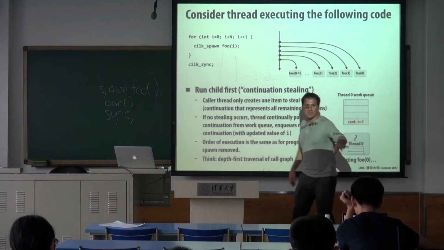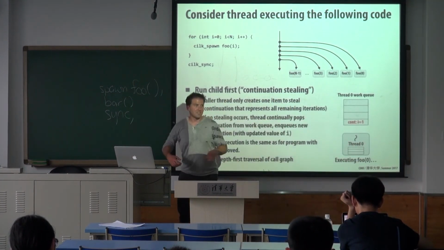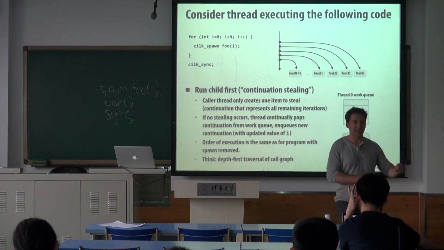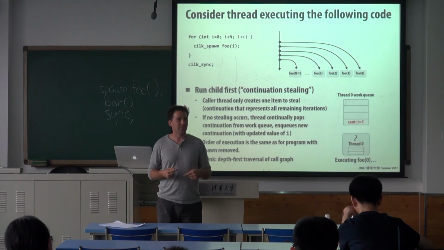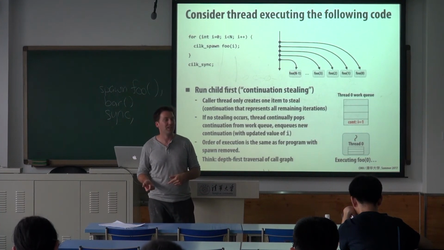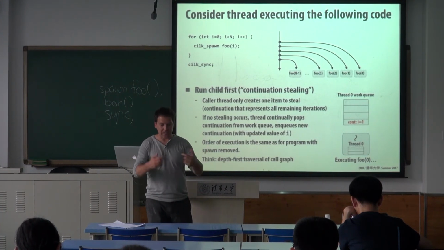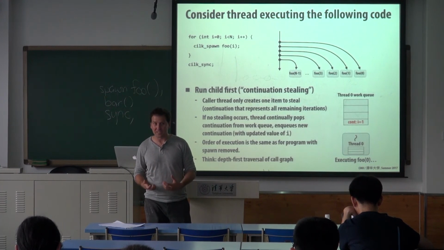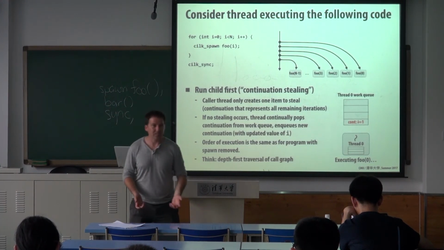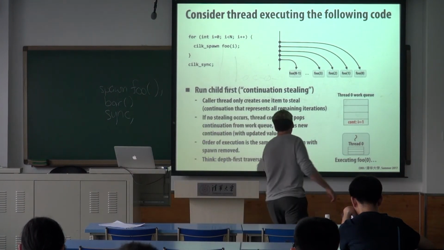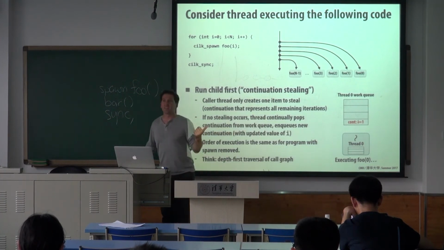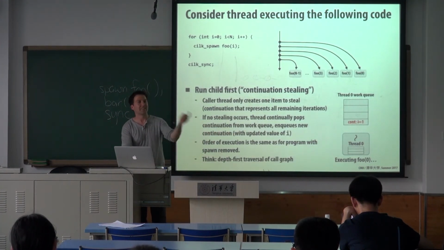Now, if Yan's working on foo 0, I go steal the continuation, and now I'm running the for i equals 1 to n loop. And if it's run child first, I get to call spawn foo 1. I start running spawn foo 1, and I put the i equals 2 continuation into my list. And so when Yan gets done, he's going to steal that back. And the continuation is just going to bounce around.